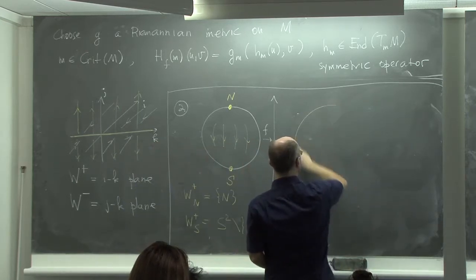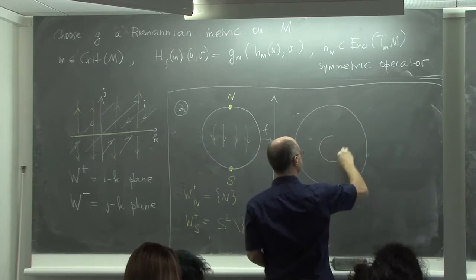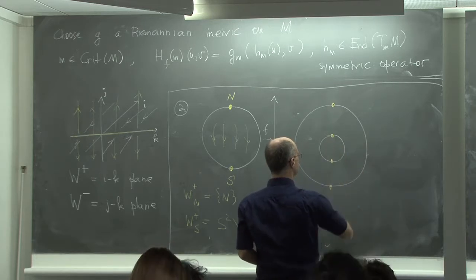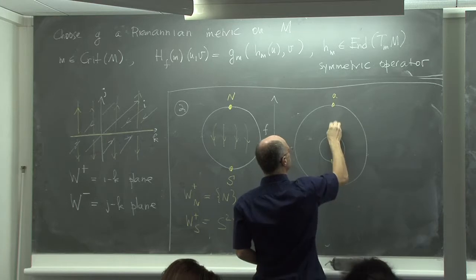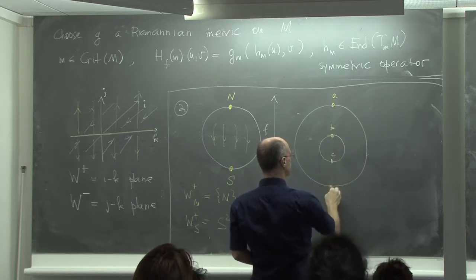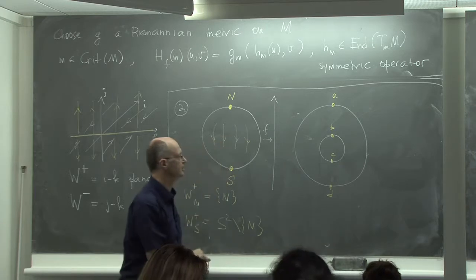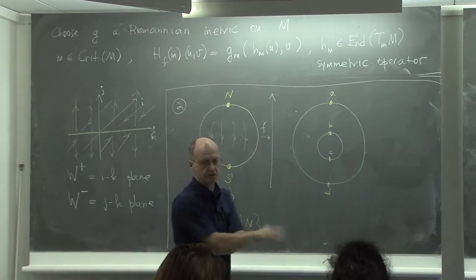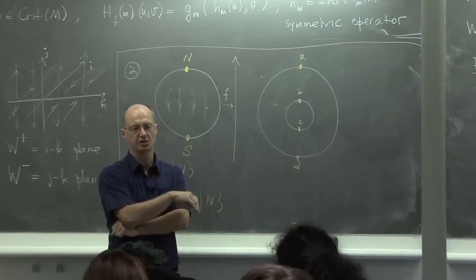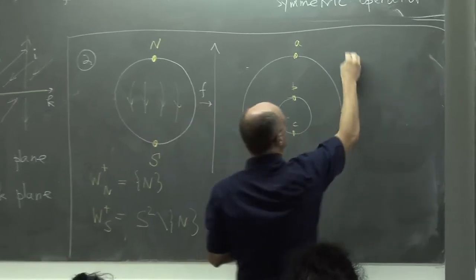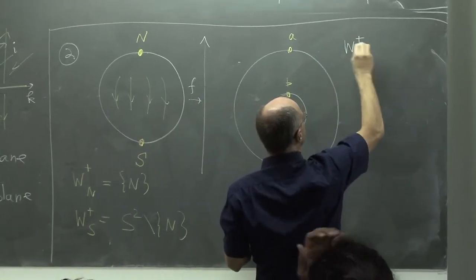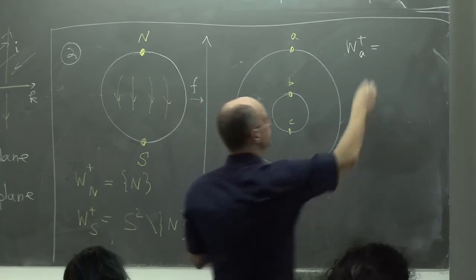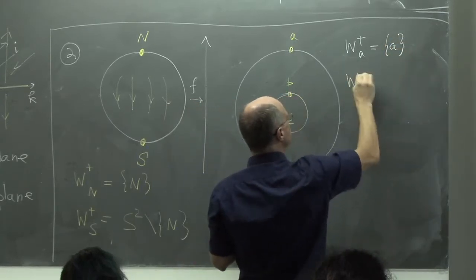So what about this guy? Here there is A, B, C, D. Let's try to make a drawing only for stable submanifolds. W plus of A is again A, since nothing can possibly fall into it.